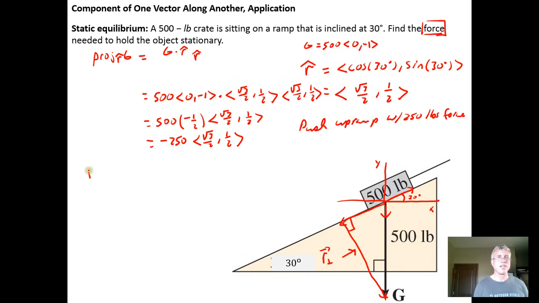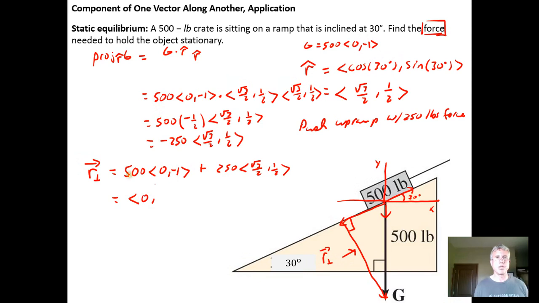So if you want the component of the force vector that's perpendicular to the ramp, we would take our gravity force vector here, 500 times 0, -1, and then subtract the projection from it. So we would subtract the -250 times √3 over 2, 1/2. We have a double negation, so that's going to be a plus. Don't erase your 2. And then we would just work this out.